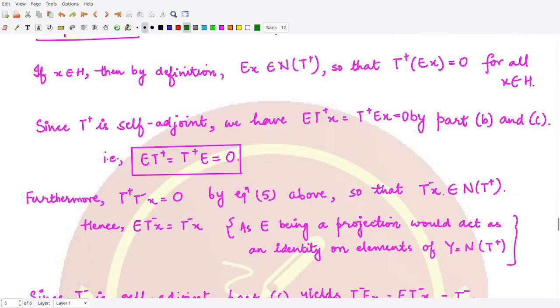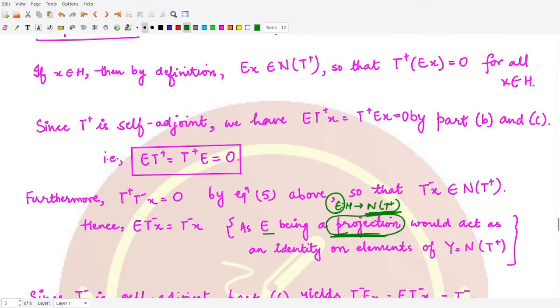So T negative x is a member of this null space, and because E is a projection defined from the whole Hilbert space to the null space of T positive, by the properties of projection, if you remember, E acts as identity on all the elements of the null space of T positive.